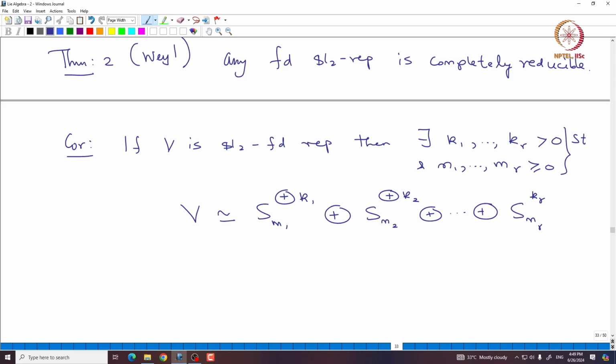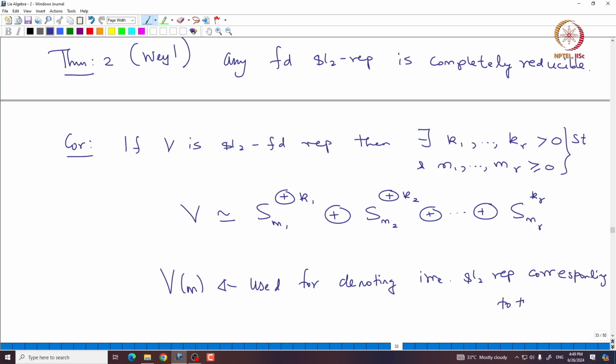So, sometimes people use V of m to denote this Sm; up to isomorphism they are the same. This V of m is indeed constructed using some abstract approach of representation theory, but anyway, this is also used for denoting the irreducible sl2 representation corresponding to the non-negative integer m.